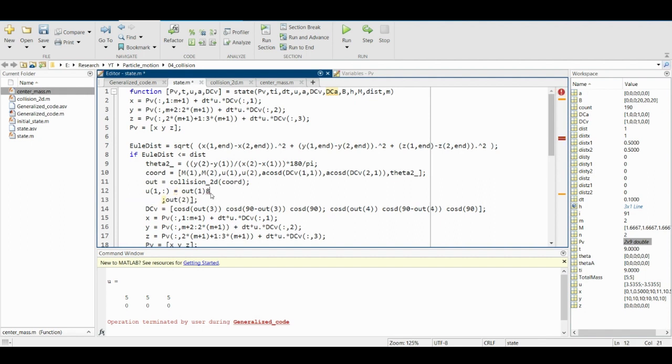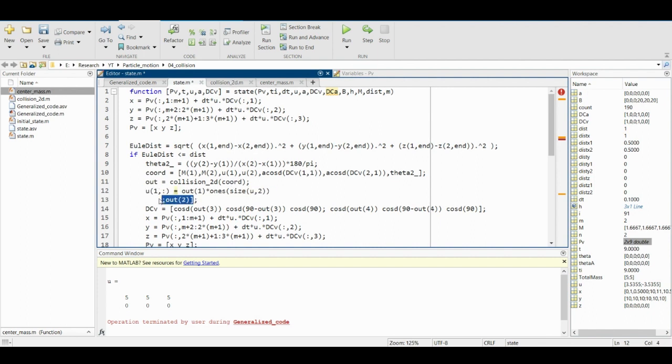It would be out into ones of size of, okay, size of rows 1 comma. You can take any size. I would take size of u itself. Yep, size of u comma 2.